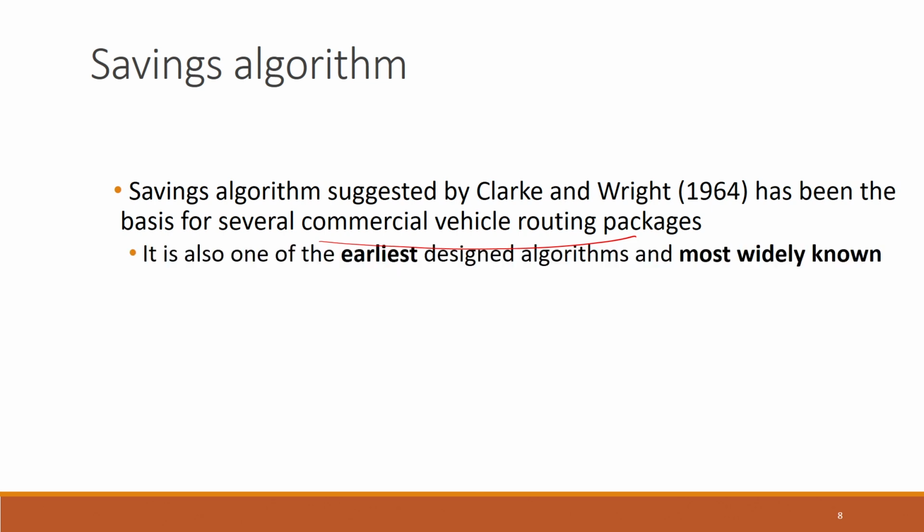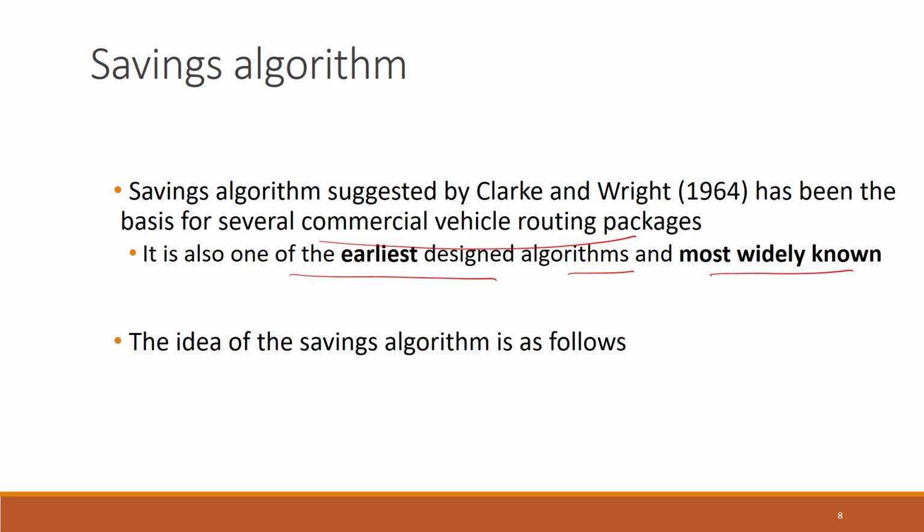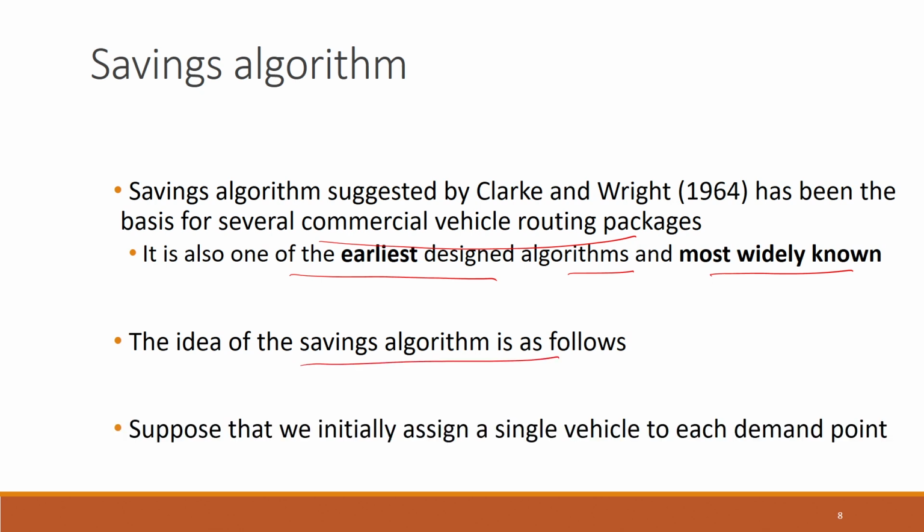So, this savings algorithm is also one of the earliest designed algorithms in the vehicle routing problem, and it is one of the most widely known. So, the idea of the savings algorithm is as follows. Suppose that we initially assign a single vehicle to each demand point, okay. So, now this savings algorithm is in a way kind of opposite to what ITP algorithm was doing for ECVRP.